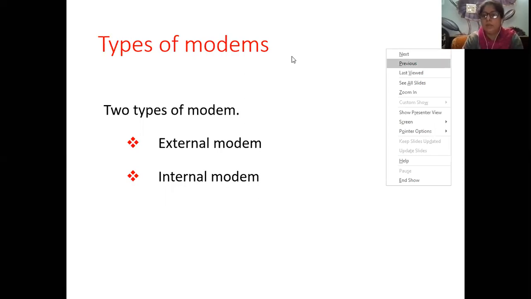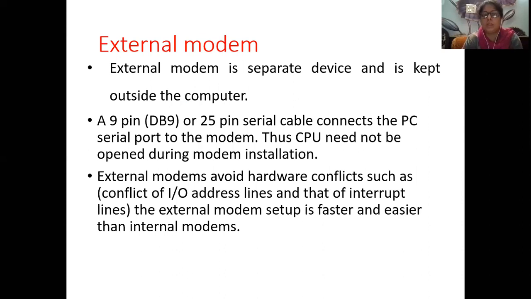External modem is a separate device which is attached from outside the computer system, and basically it is a 9 pin or 25 pin serial cable which will connect the modem to our computer.